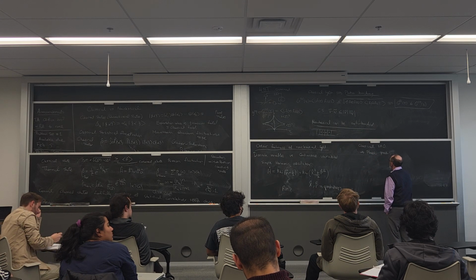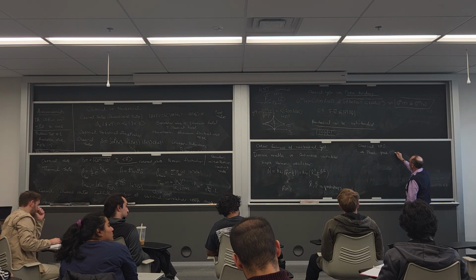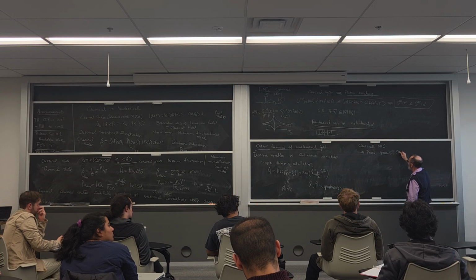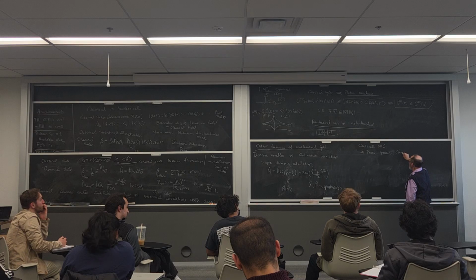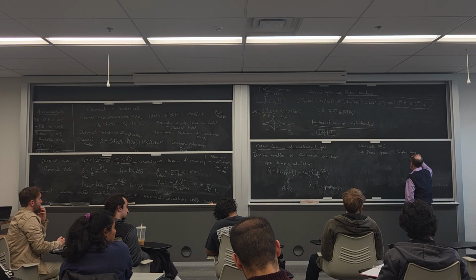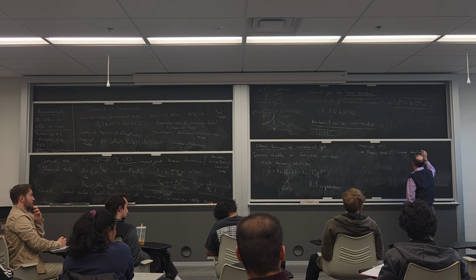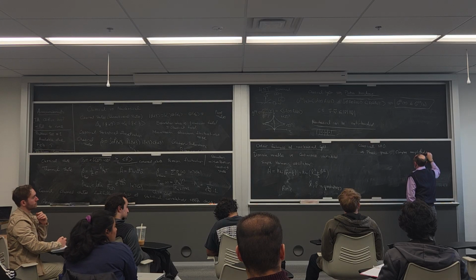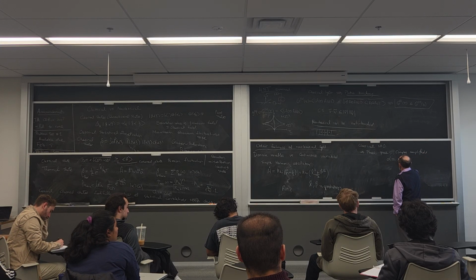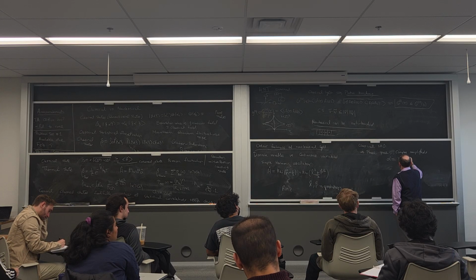So in phase space, we define a complex amplitude alpha, which has a real part and an imaginary part, which are the quadratures.